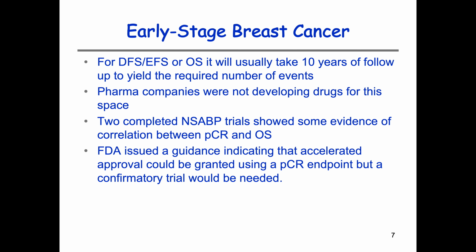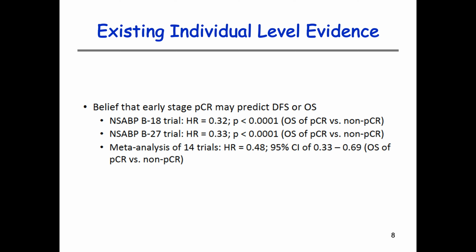Now, here are the 2 NSABP trials I was talking about, the B18 and the B27, and you can see for OS, the hazard ratio of PCR to those who did not achieve a PCR is 0.32, highly significant, very similar in the B27 trial.